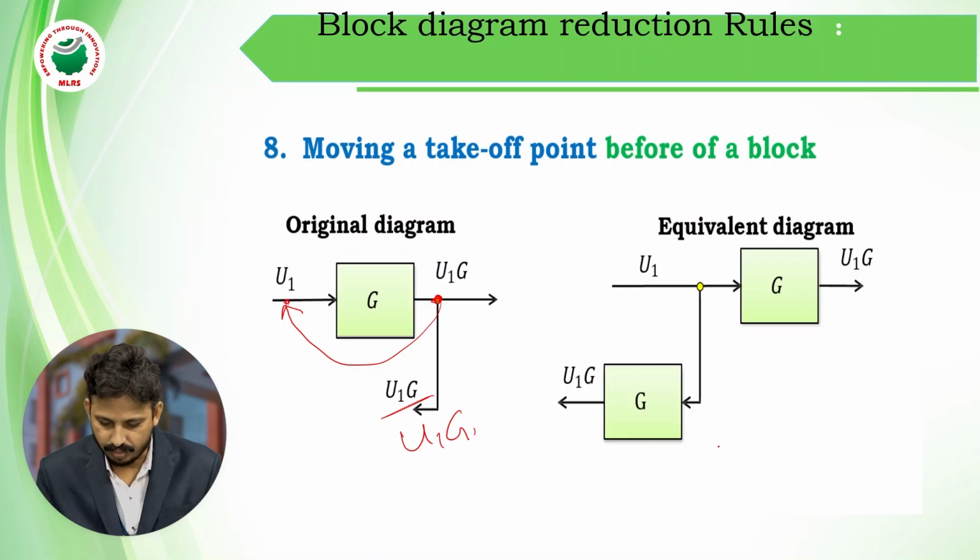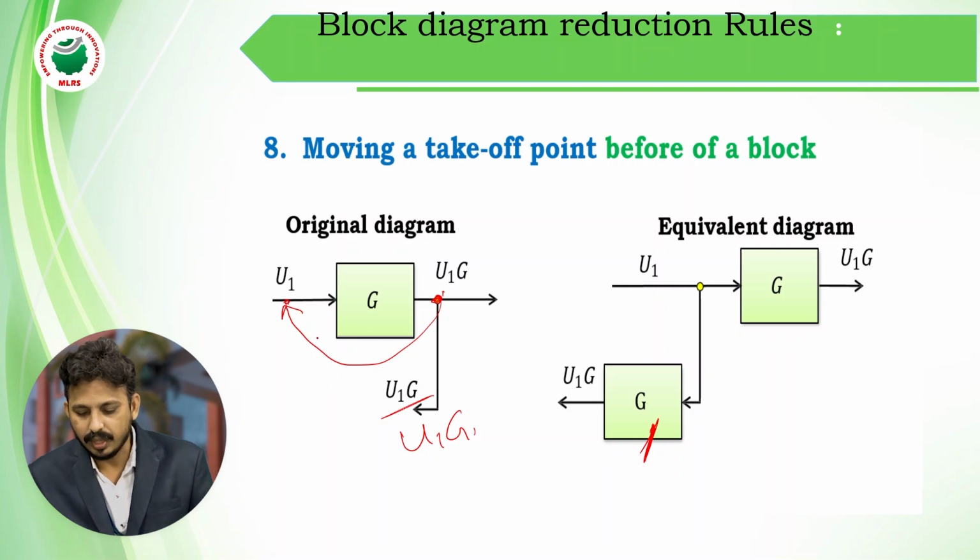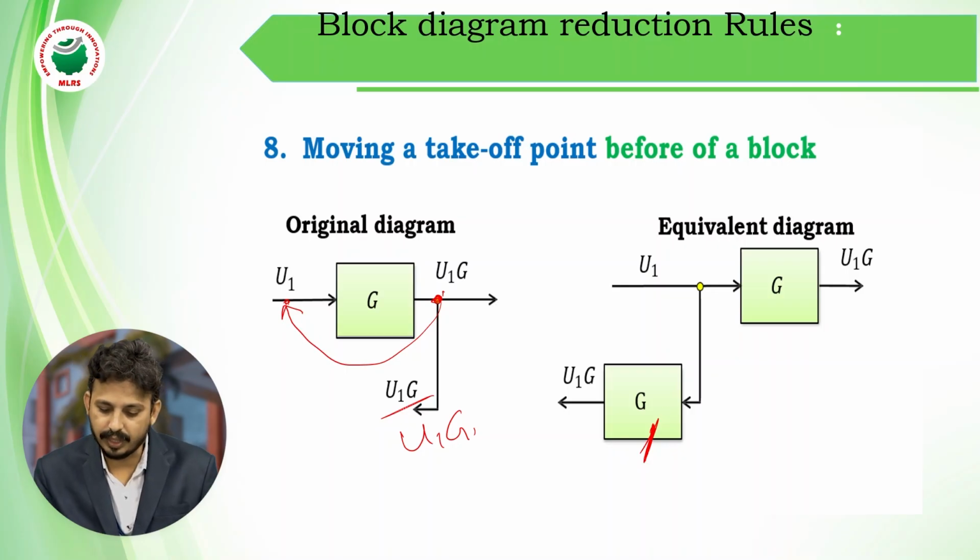So for that, what do I have to do? If I want to shift this takeoff point before the block, I have to multiply with a certain block that is called G. When you shift the takeoff point before the block, you have to multiply the signal with G. If you want to shift the takeoff point after the block, then you have to divide, that is, multiply with 1 by G.